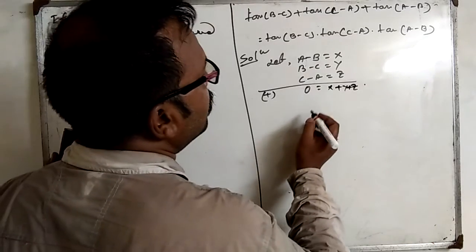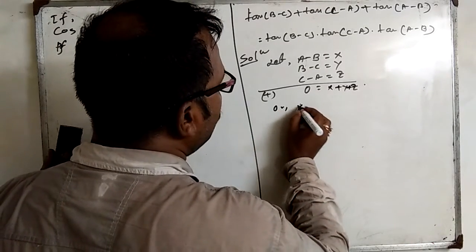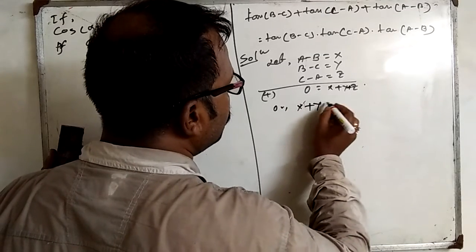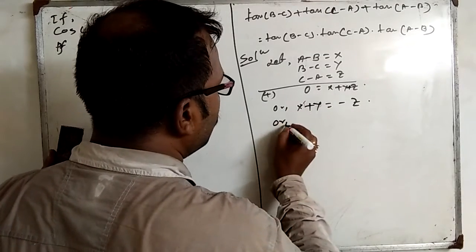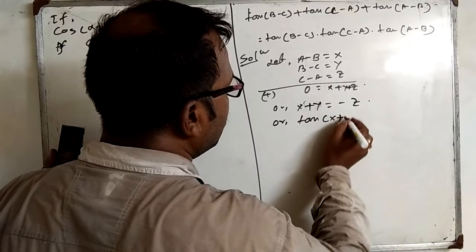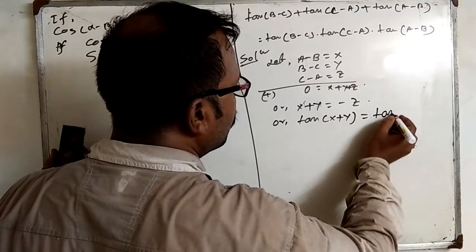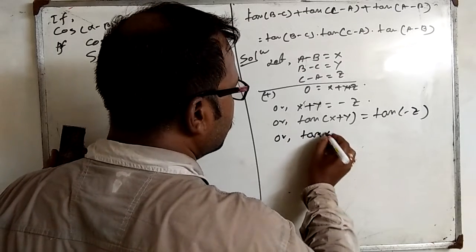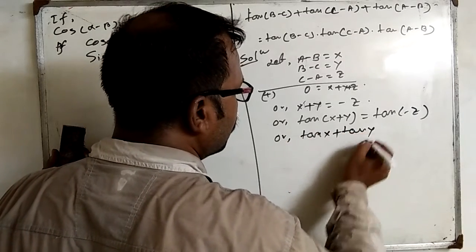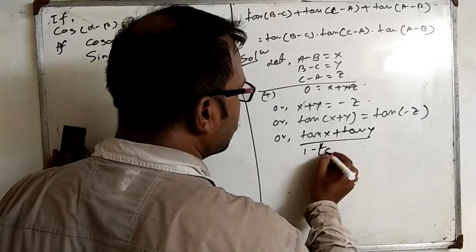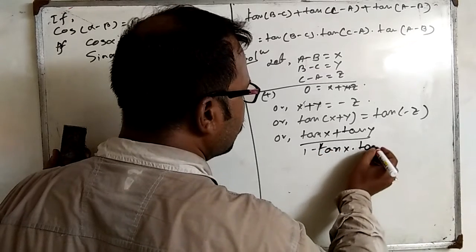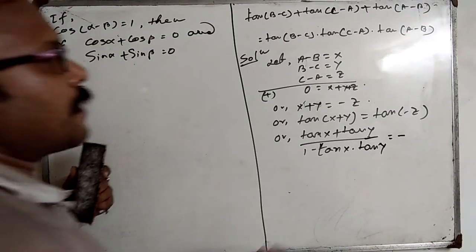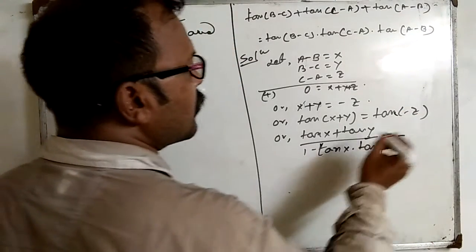Now we start, or x plus y equals minus z, or tan of x plus y equals tan of minus z, or tan x plus tan y divided by 1 minus tan x into tan y equals, we know tan of minus, minus tan z.